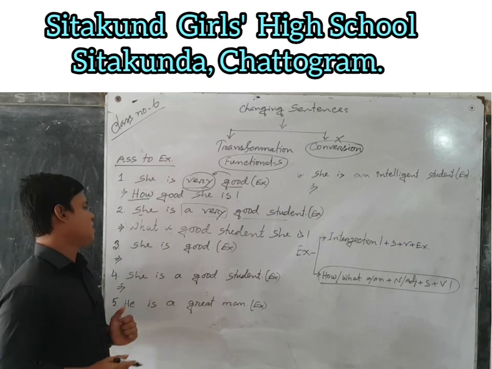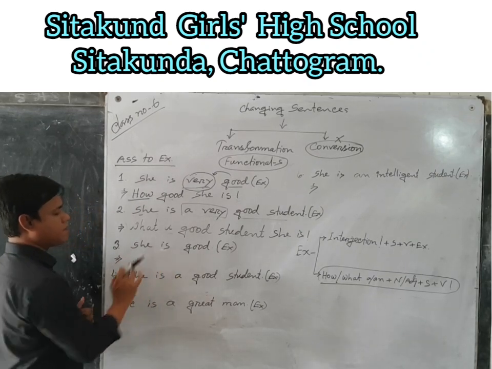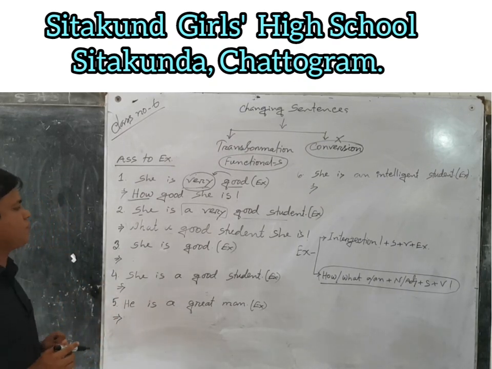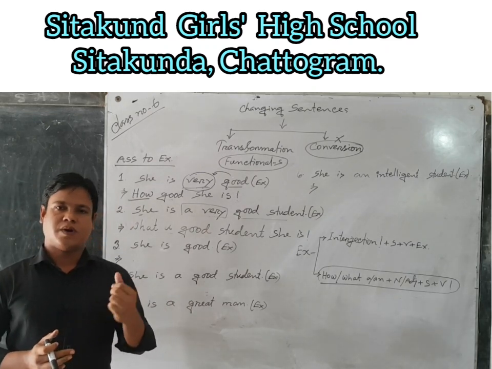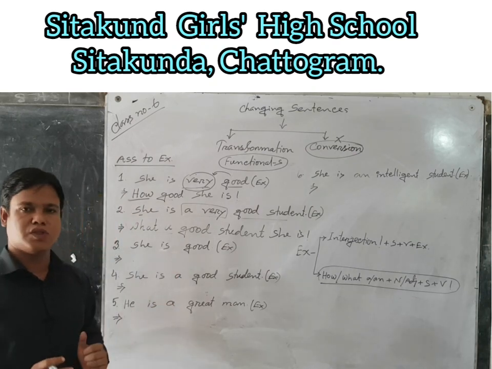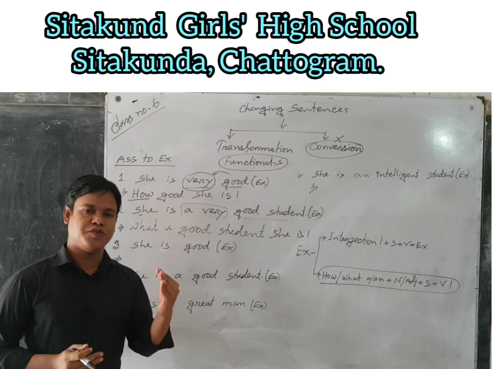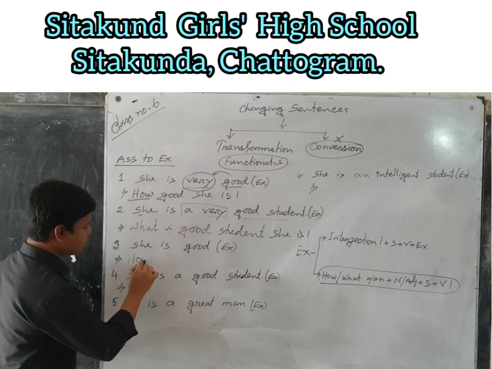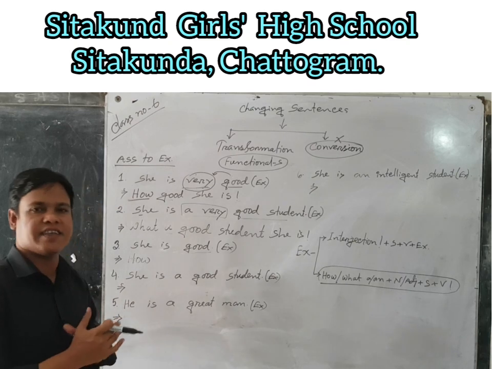Dear students, if there is any sentence without very, then what can we do? We have to do one thing. Is there any article? No. If there is no article, then we will use how again, and the next part will definitely be an adjective.